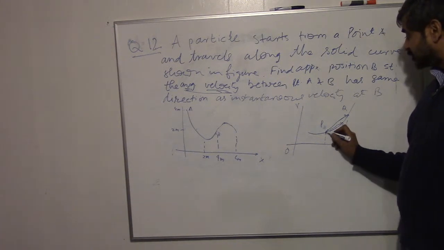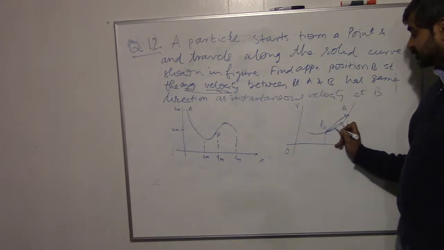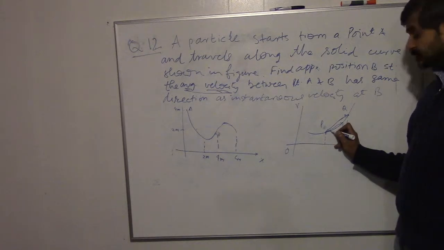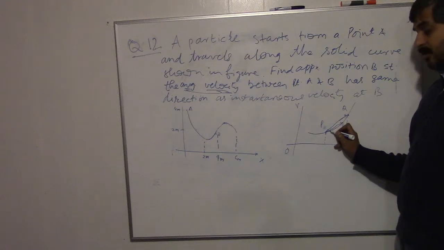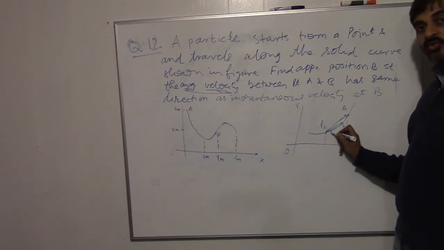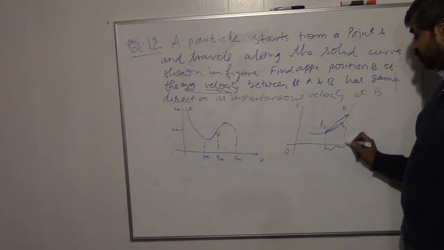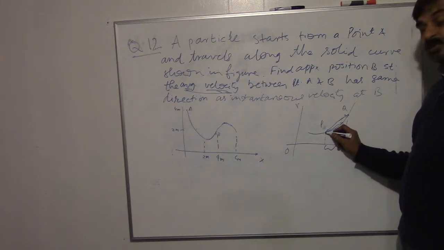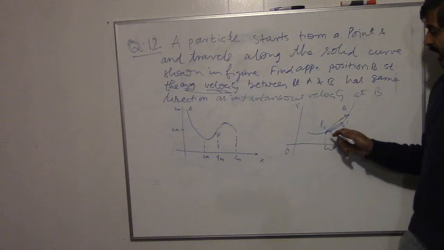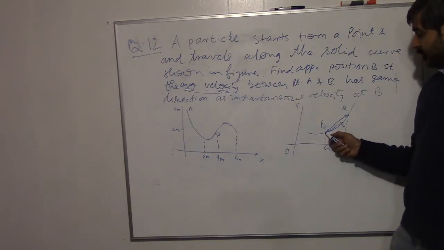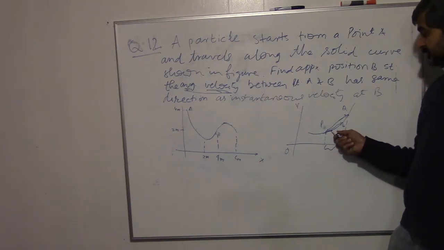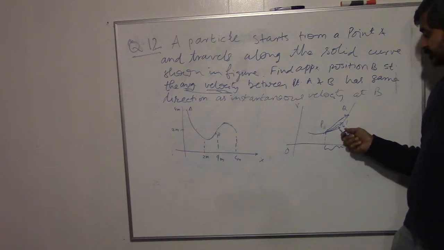We keep moving this point Q and making this distance, this delta, as small as possible till we reach the point P. At point P, the points are very next to each other, and the direction of this velocity is along the tangent of this curve.